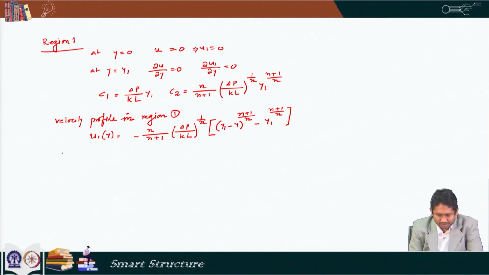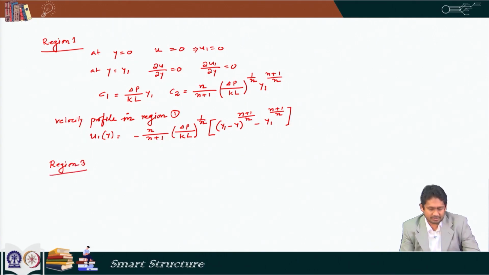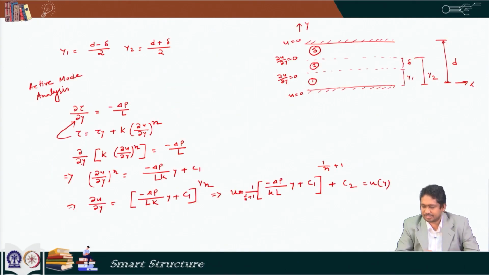Next, we have to go to region 3. So, region 3 is the uppermost region. So, if we look here, whatever flow profile we see here can be seen symmetrically in region 3 also. So, just by using the symmetry we can find out the flow profile here. Now, please understand the velocity gradient in region 3 is negative.